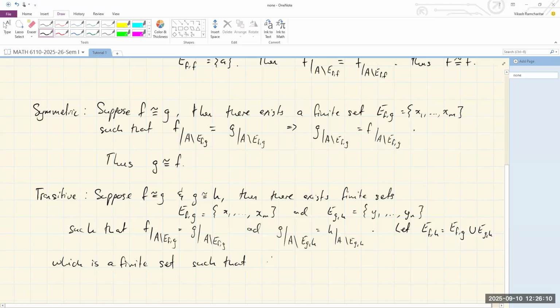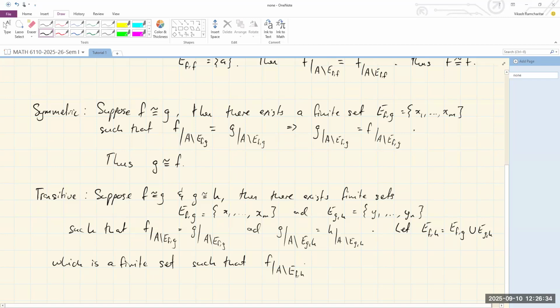what happens if I take now the function f and I remove from its domain all the points in E_FH? So I remove from A all the x's, x1, x2, all the way up to xm, and y1, y2, all the way up to yn. So I remove all the x's and I remove all the y's.